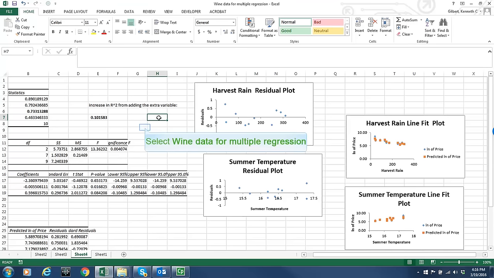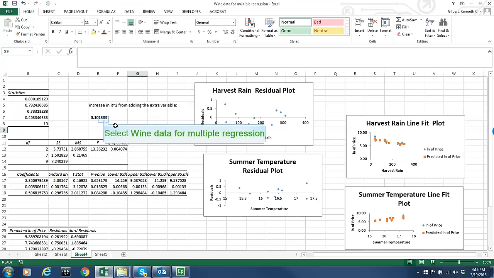But anyway, what I would probably conclude here is explaining another 10% of the variation is worth adding another variable. But if that improvement had only been, say, 3 or 4%, I would be strongly tempted to stick with the single variable regression.